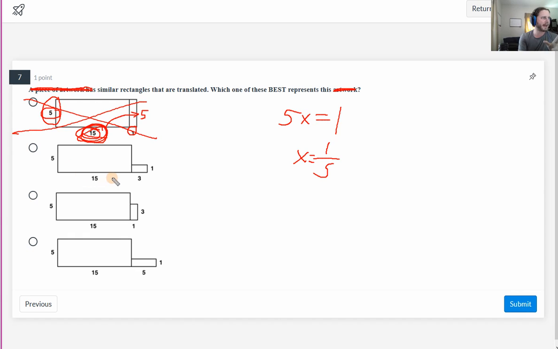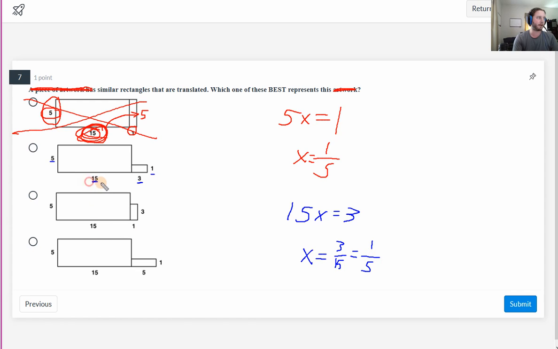The next one, we have the long side was 15, now it's 3. The short side was 5, now it's 1. Let's see if this works out. So the long side went from 15 to 3, so 15 times something gave me 3. What would that something be? Divide both sides by 15, leaves you with 3 over 15, which simplifies to 1/5, wouldn't it?